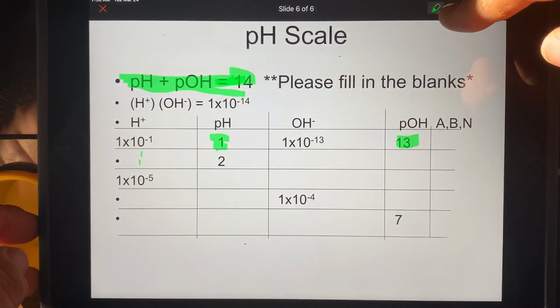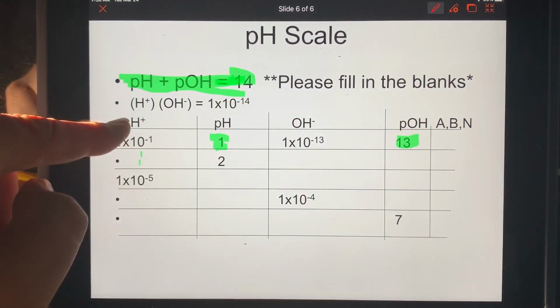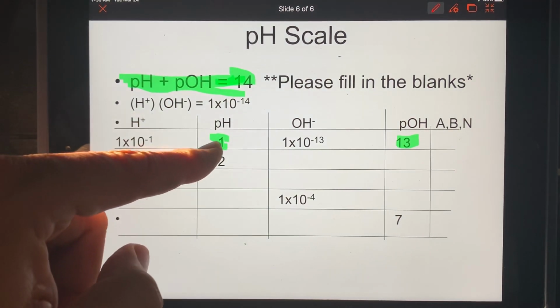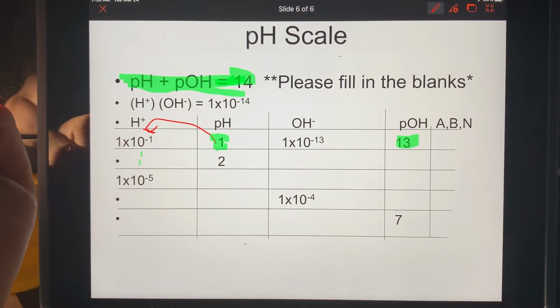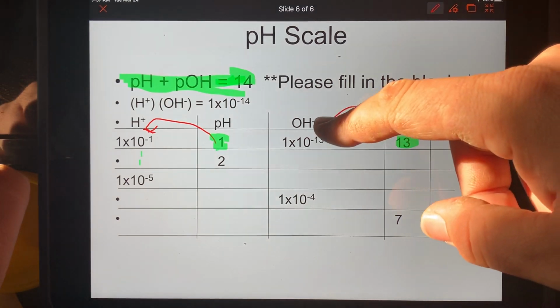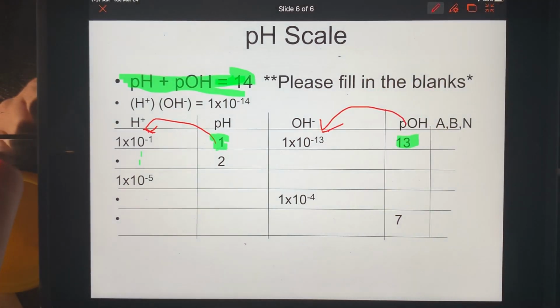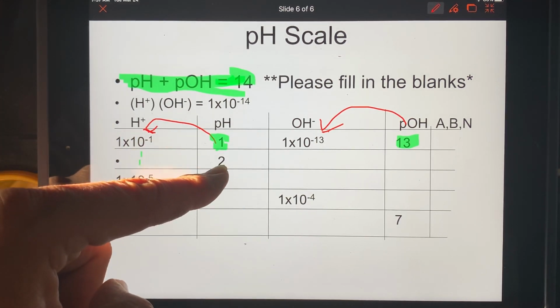Here's another connection. If my pH is 1, my exponent is 10 to the negative 1. If my pOH is 13, my exponent is 10 to the negative 13. So let's do the next question. They've given us that the pH is 2.